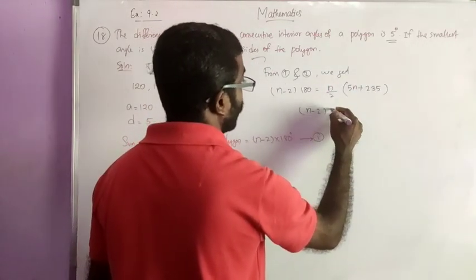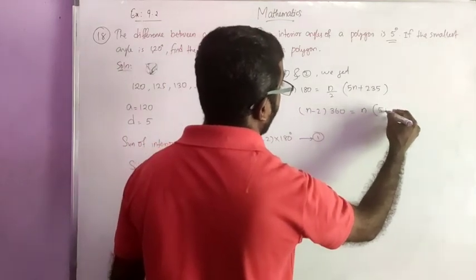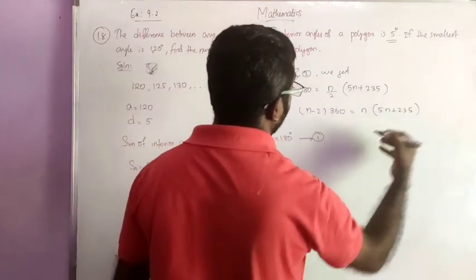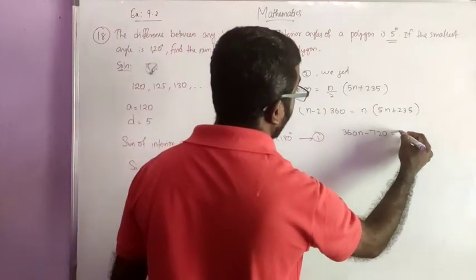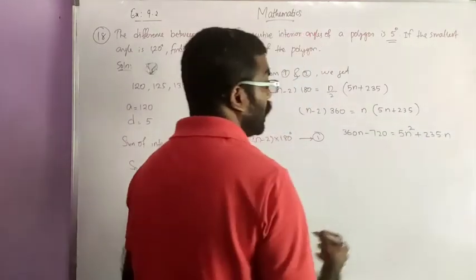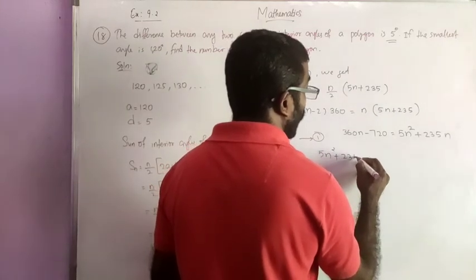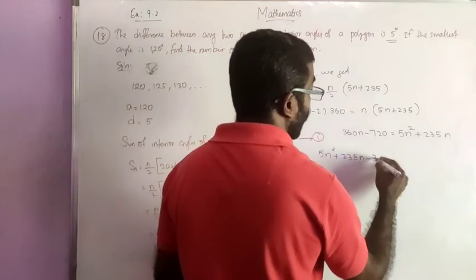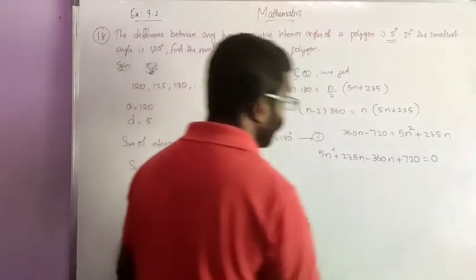N minus 2 into 360 is equal to n into 5n plus 235, or 360n minus 720 is equal to 5n square plus 235n. Now we can rearrange the terms. 5n square plus 235n minus 360n plus 720 is equal to 0.